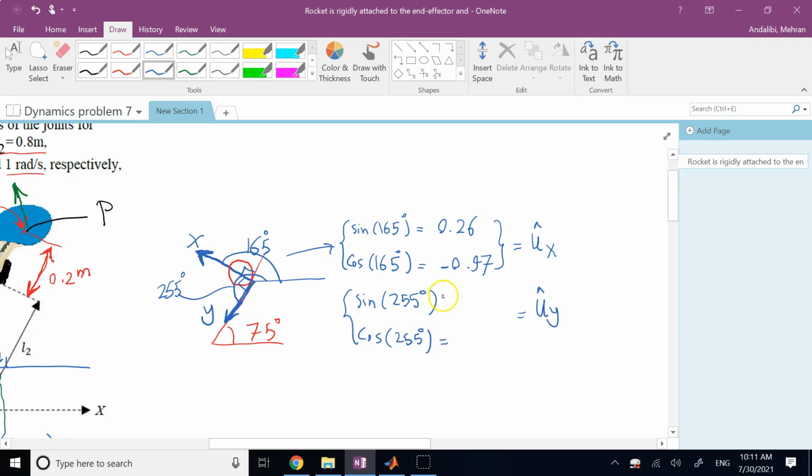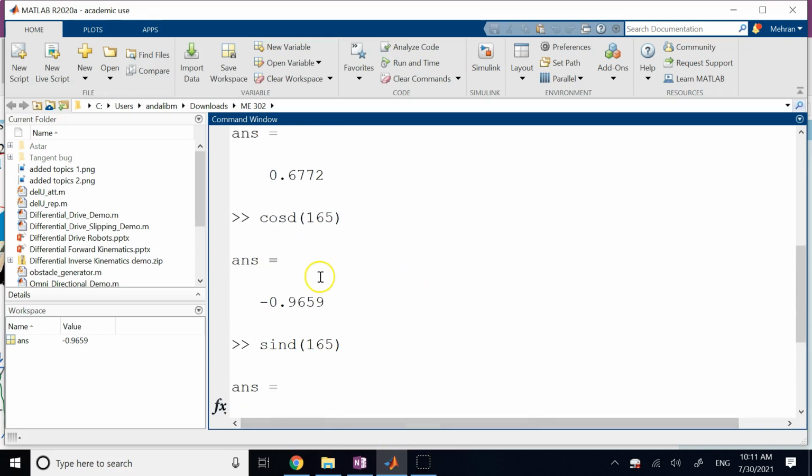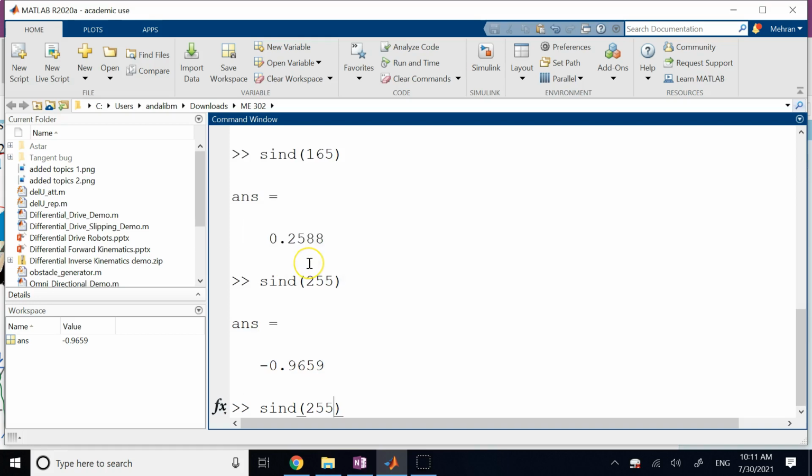And if I look at the sine of 255 and cosine of 255, right? They should be similar to these guys except for exchange because I'm adding 90 degrees. So 255, you see, it has what? The sine of it is the cosine of the other one, and the cosine of it should definitely be what? Negative as well, because it's in the third quadrant, right?